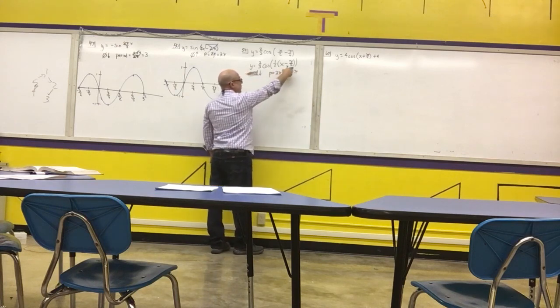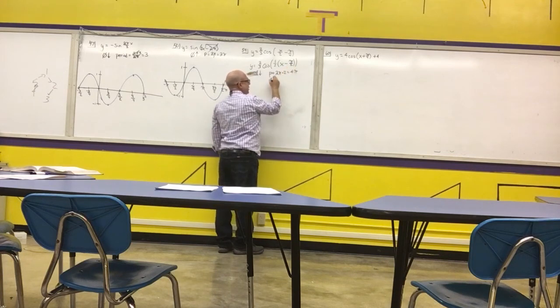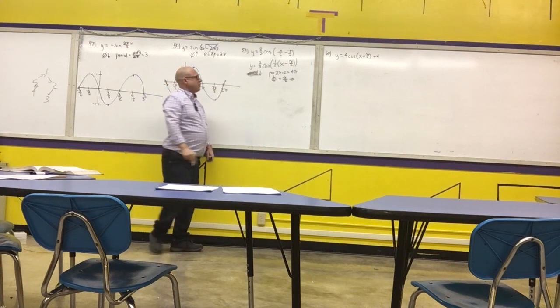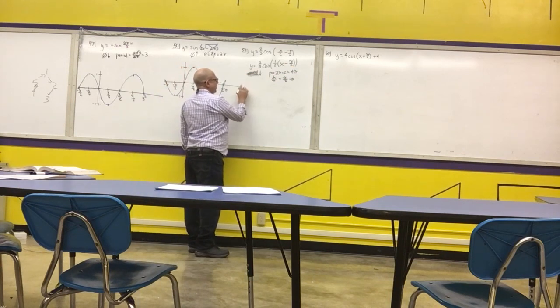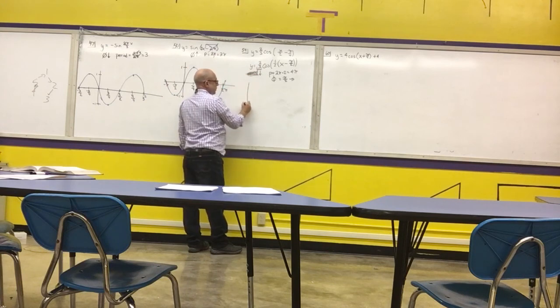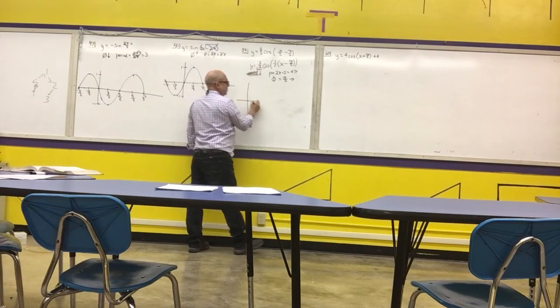My phase shift is pi halves to the right. And I use the phi for my phase shift. Okay? So I now have enough information. Oh, and my amplitude is 2/3. No vertical shifts on this one.